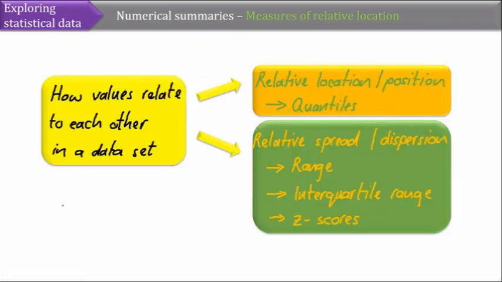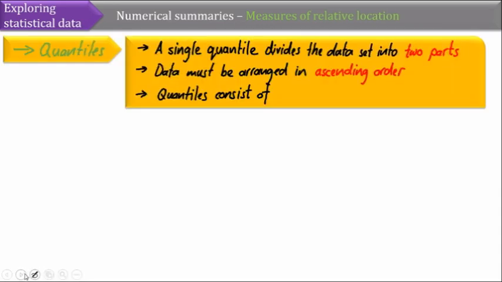Right, so how do we calculate this relation? Relative position we can refer to as quantiles, and we'll get into the details in a moment. The relative spread or dispersion will be things like the range, interquartile range, and z-scores. The z-scores can also be under relative location because they tell you something about your position, but also something about the distance of your position.